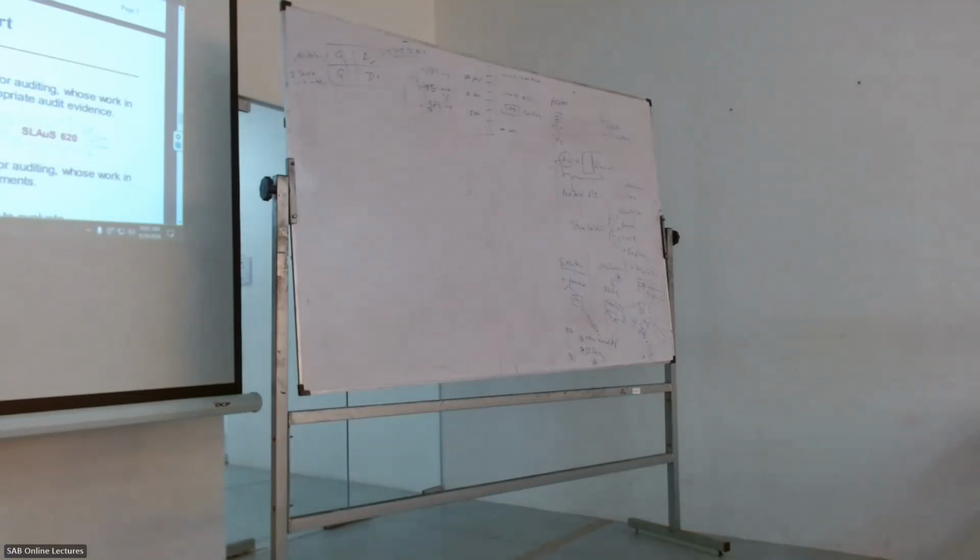Basically, in general terms, we are using expert because we are lacking in some knowledge, right? We need IT expert for IT field, tax expert, valuation expert, right? So then, as an auditor, as audit partner, he is not a kind of a god, having 12 hands and all, a genius person having all the knowledge, all the standard knowledge, right?